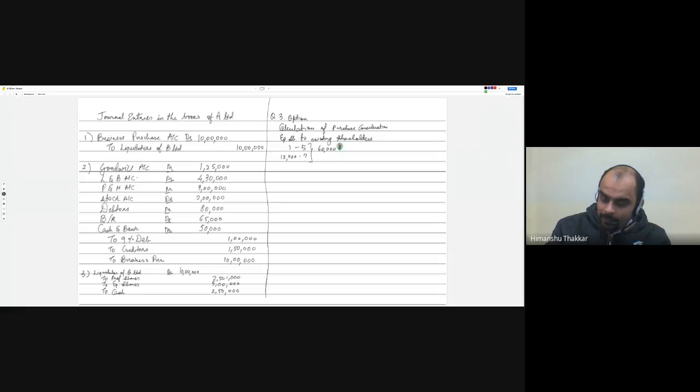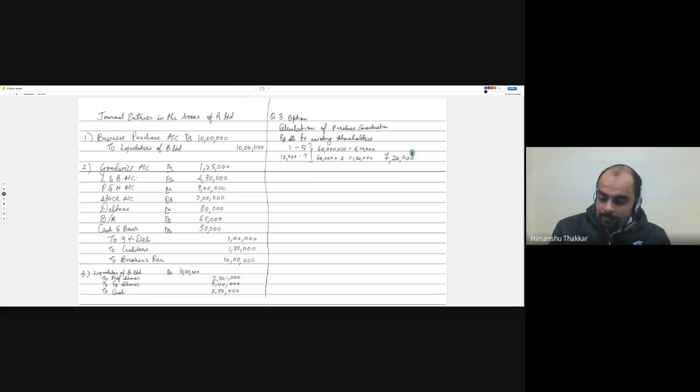So this will be 6 lakh, and 60,000 into 2 rupees will be 1 lakh 20,000. So total that you will issue to equity shareholders will be 7 lakh 20,000, right?